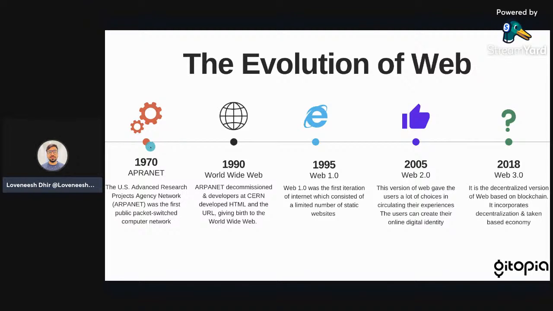Basically, in the 1970s, it was firstly the internet, not the web. We can say that the internet came into place in the 1970s. In 1970, ARPANET was formed. ARPANET was a project by the US military. It is an abbreviation for Advanced Research Projects Agency Network, and it was the first public switched computer network.